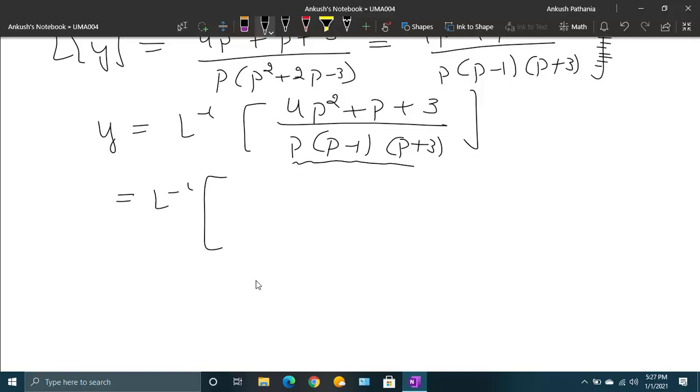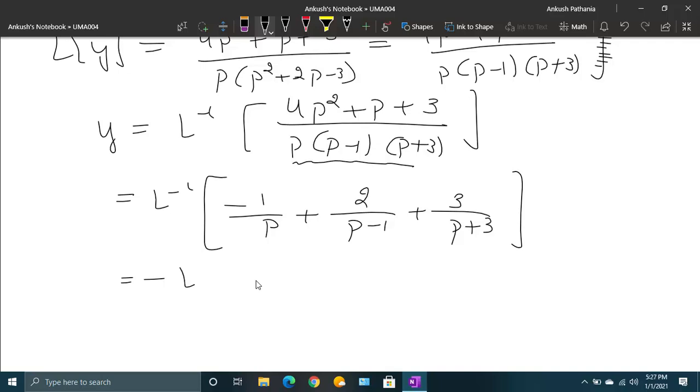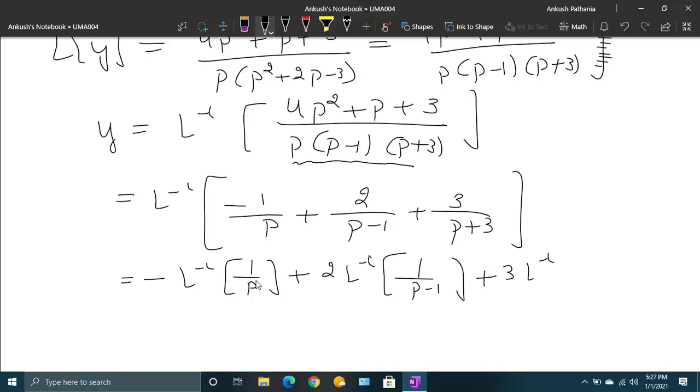I can do the partial fractions here, and this comes out to be minus 1 upon p plus 2 upon p minus 1 plus 3 upon p plus 3. So these are the partial fractions. In this case you will get minus Laplace inverse of 1 upon p, plus 2 times Laplace inverse of 1 upon p minus 1, plus 3 times Laplace inverse of 1 upon p plus 3.